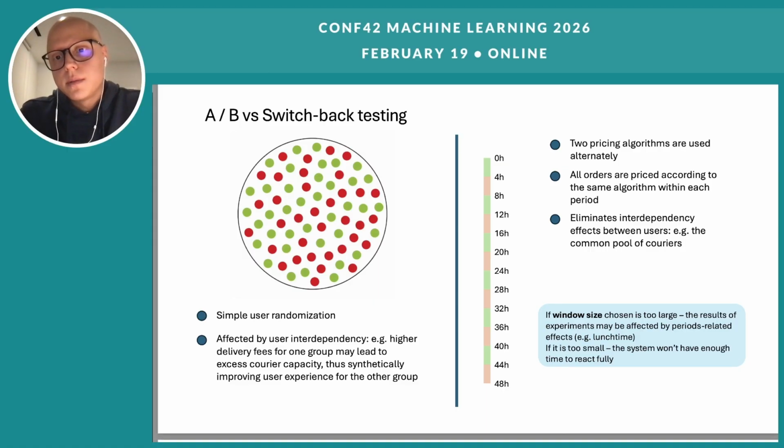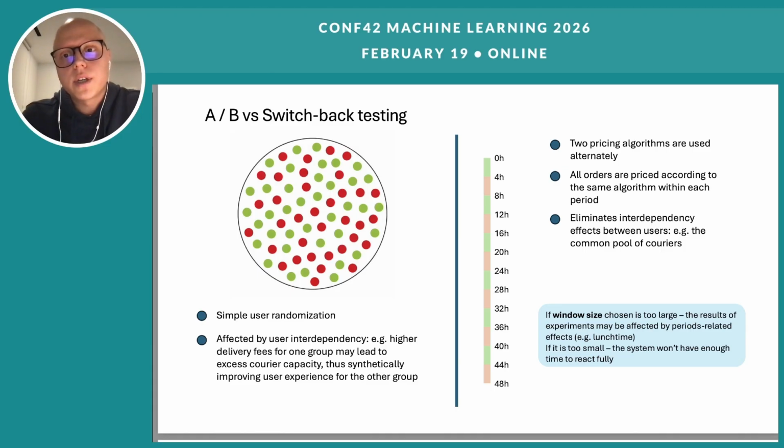So if the window size is too large, then you may end up with unreliable results that are not related to your change. If it is too small, then you will have too unstable results that are again not related to your change, because your system didn't really react.